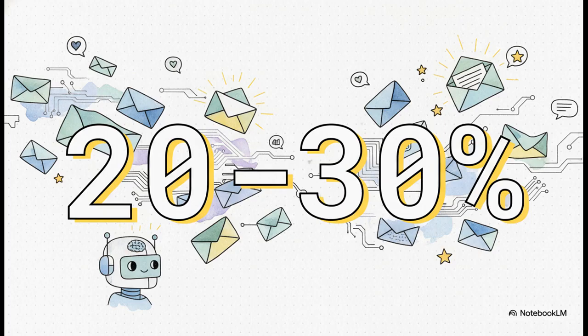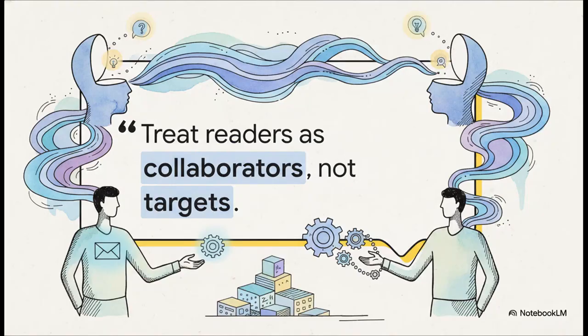And it's possible because this whole method is built around genuine, personalized communication. I absolutely love this quote because it really gets to the heart of the whole philosophy. This isn't about just blasting a list of contacts. It's a complete mindset shift. When you use data to be more relevant and helpful, you're not targeting someone, you're starting a conversation. You're inviting them to collaborate with you.